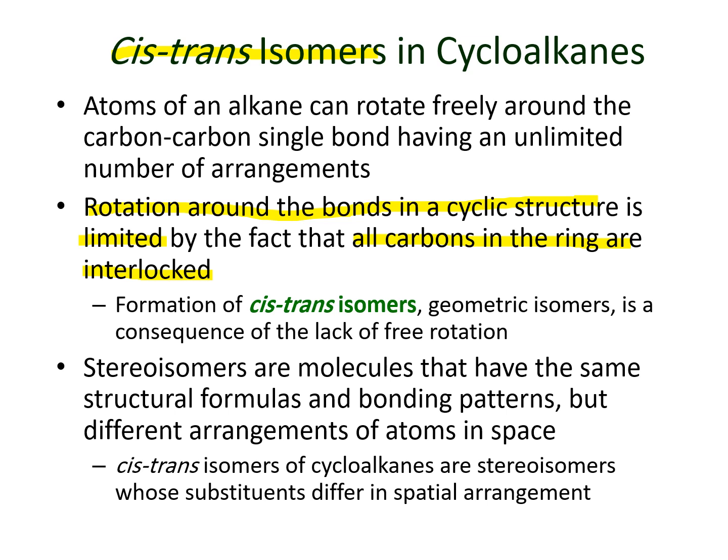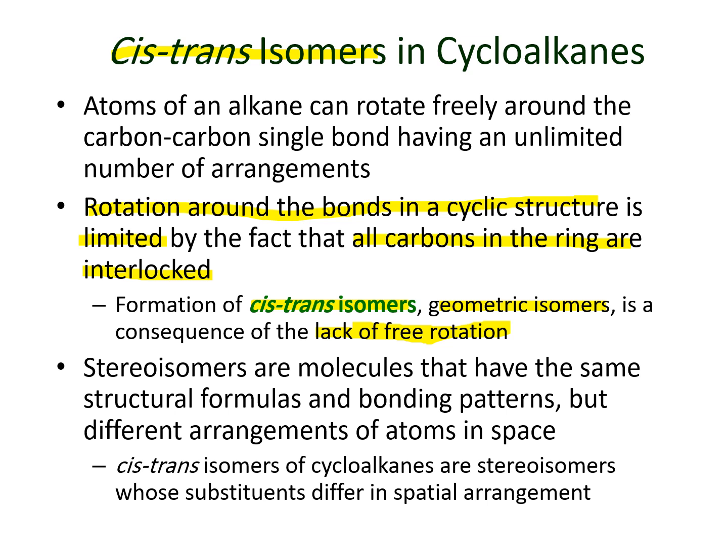And because of this lack of free rotation, different types of structures arise, known as cis-trans isomers, also called geometric isomers. The thing to remember is that they result from the lack of free rotation.